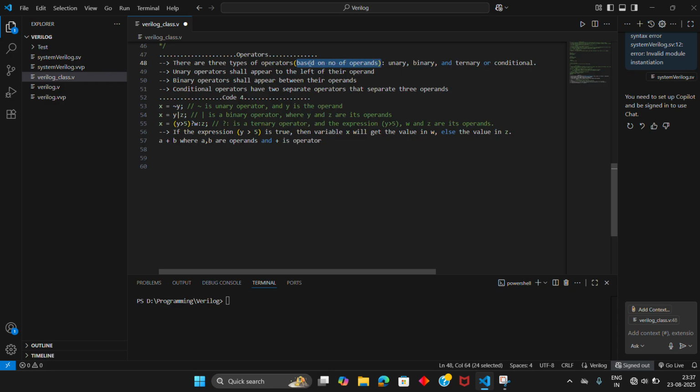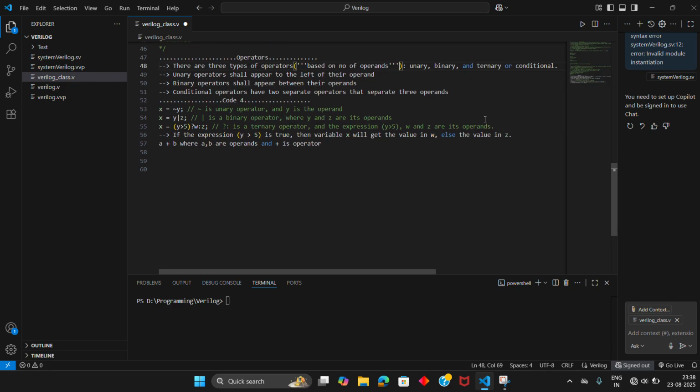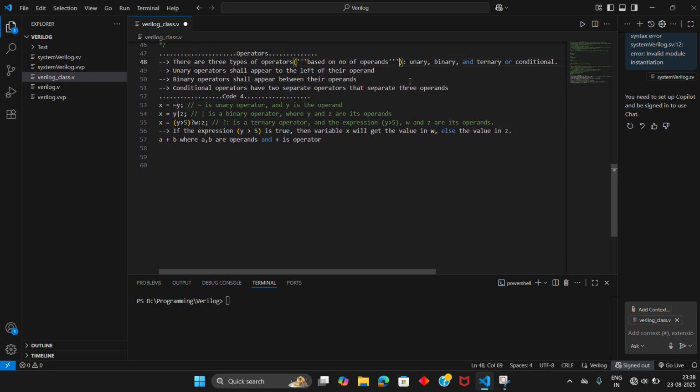We have to highlight this point and mark it as important: based on the number of operands, we have three types. Those are unary, binary, and ternary. Ternary is also called conditional.